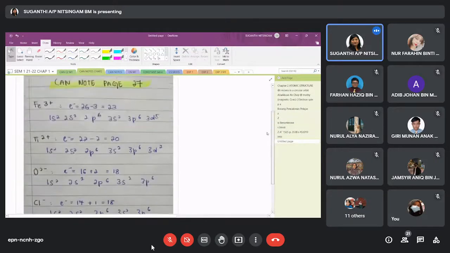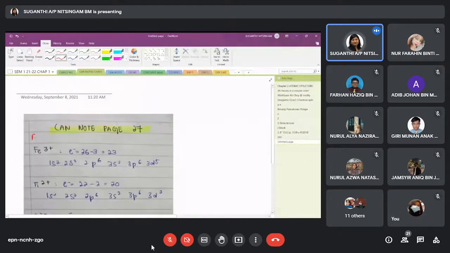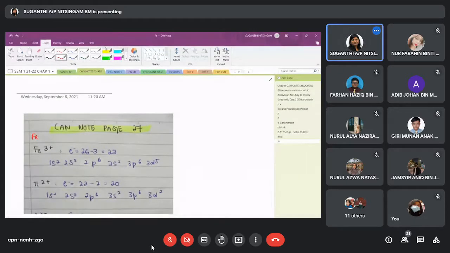Now let's look at this Fe2+, 3+. Before you show anything, you must first write what is Fe's configuration. Fe, what is its proton number? 26, okay.